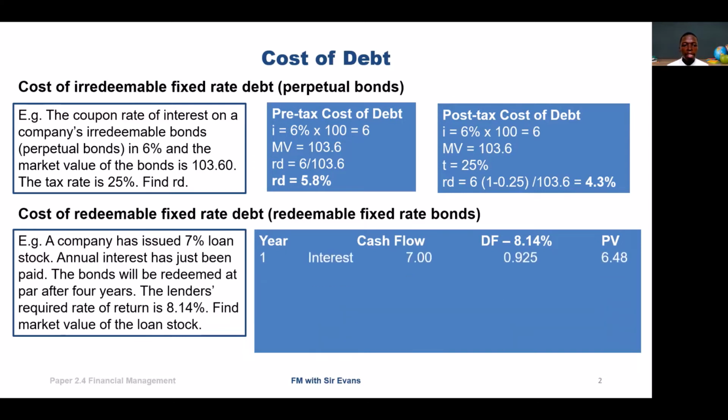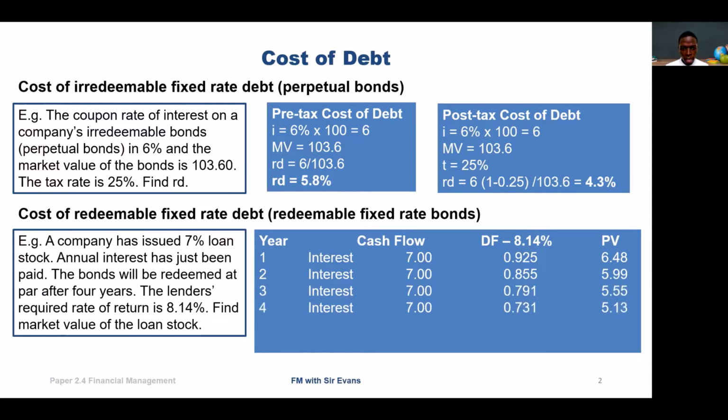So let's go with the first year. For the first year, our interest is 7. It's 7 because 7% of the nominal amount, 7% of the 100, gives us 7 being our interest. Our discount factor is 0.925, giving us a PV of 6.48. Second year, 0.855 being the new discount factor for the second year.